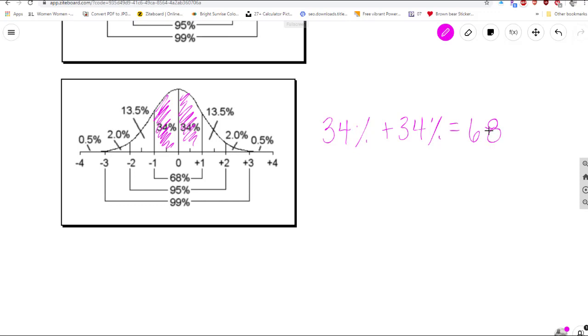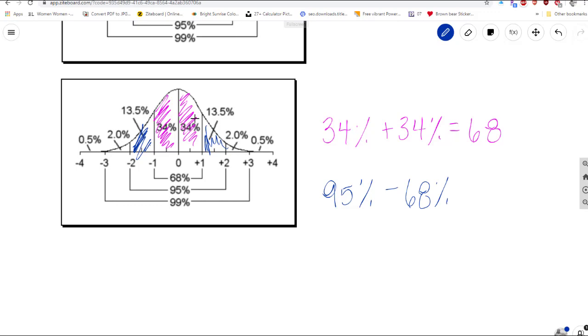Okay? And if we add a little bit more as we get away from the center of the curve, we've got this little section right here, and we've got this little section right here. And together we have 95%, right? We're going to subtract the 68% that we already accounted for.